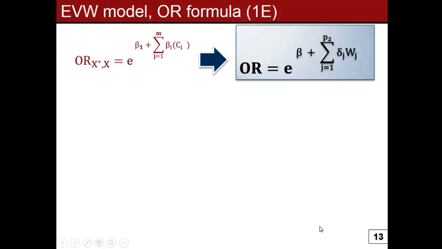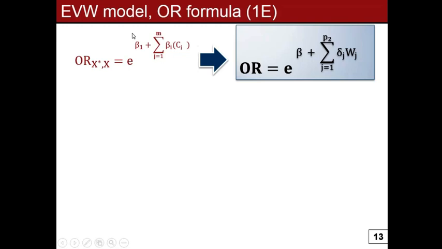So the odds ratio expression, and I'm saying here, in parentheses, one exposure. If you have multiple exposures, this is a little more complicated because you have several betas. But in the single exposure situation, what used to be maybe this formula, which I showed at the end of the last lecture, where I put a C in here, I could have put X in here, and these were terms that were in interactions with exposure.